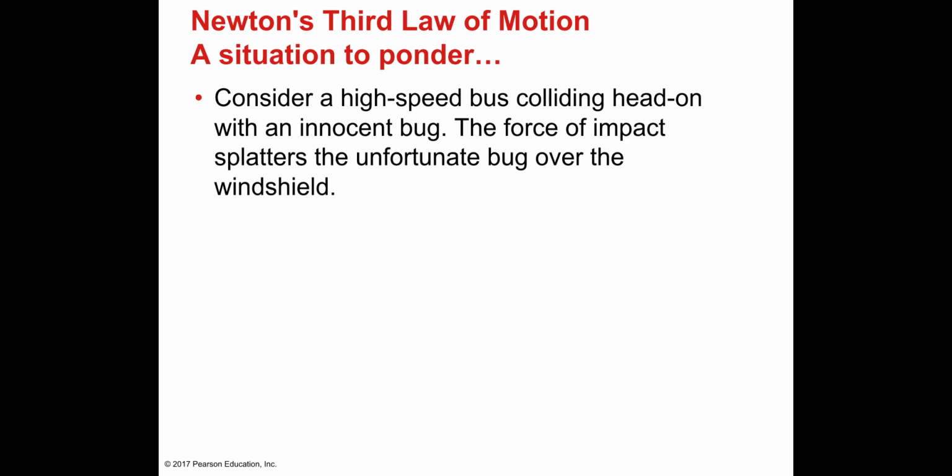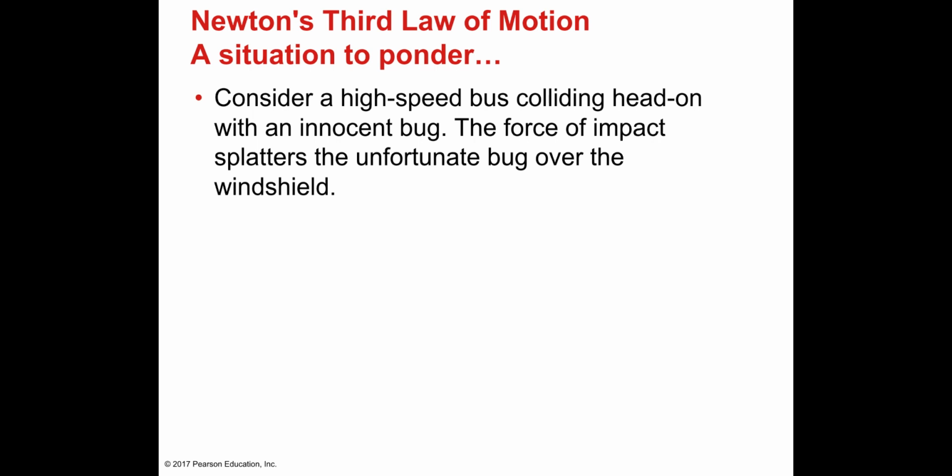So if you consider a high speed bus colliding head on with an innocent bug, the force of impact splatters the unfortunate bug over the windshield. This is a situation you need to think about. The only reason why this happens is because the bug has a very small mass.